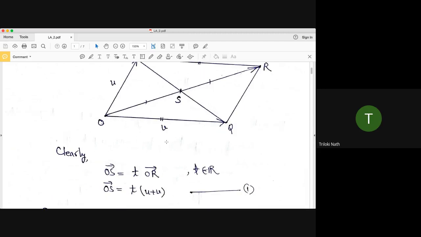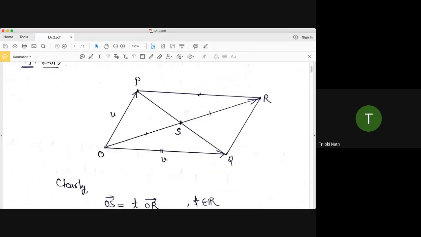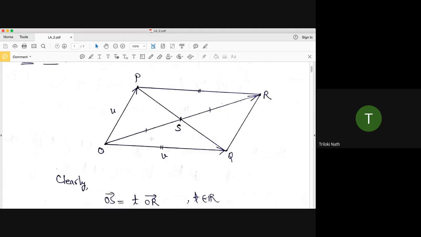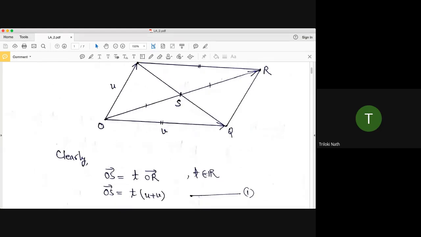Now, because the direction of the OS vector is the same as the direction of OR, the only difference is their magnitude. Of course, from this picture it is clear that the magnitude of OS is smaller than OR. So there is an appropriate T we can take.